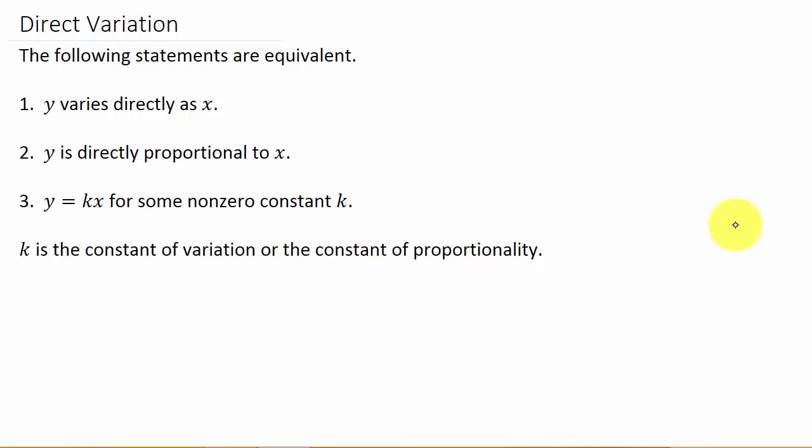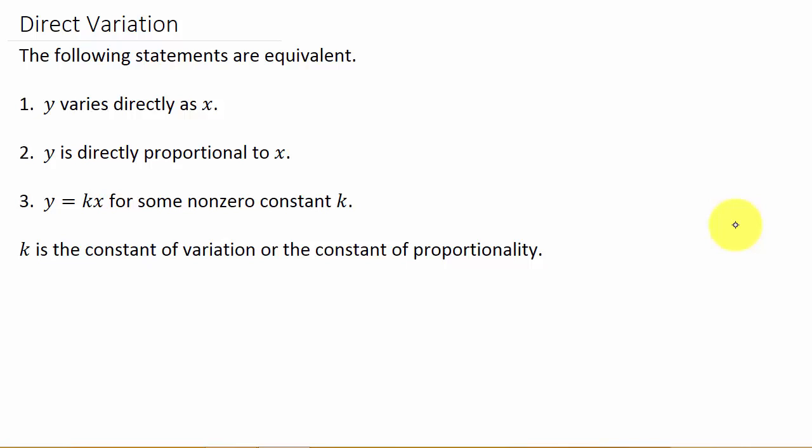Alright, so on direct variation, the following statements are equivalent. Y varies directly as X. Y is directly proportional to X. In the problem, they may say Y varies directly, or they may say Y is directly proportional. That means the same thing.